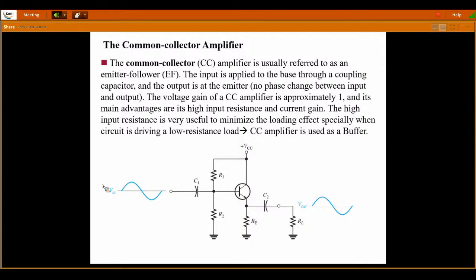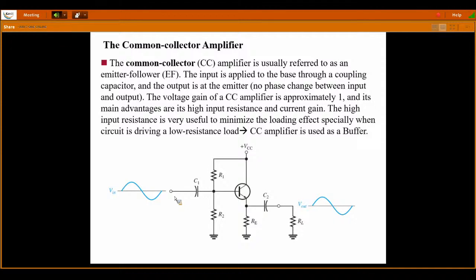Why it has low voltage gain is, since we are applying the input at the base terminal, the base voltage is approximately equal to the emitter voltage. So there is a transparency from your output to the input, since we are collecting the output at the emitter terminal and coupling the voltage at base to emitter junction.